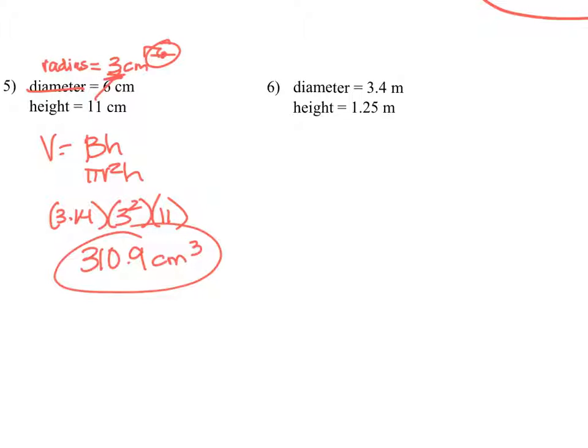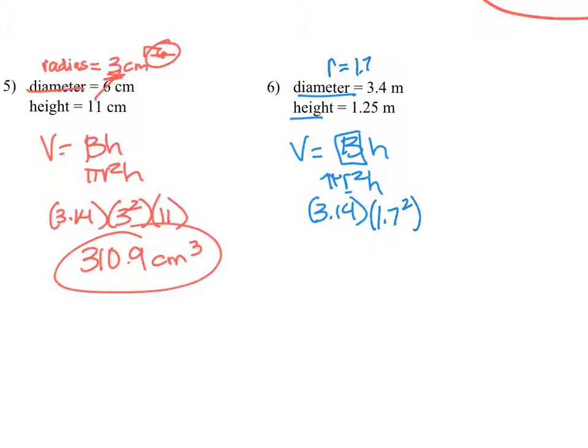And the last one, number 6, they give me the diameter and the height. So I need my formula. Area of the base times height. Remember, that's pi r squared times height. So when I go to plug this in, I need my radius. They gave me my diameter, but I need the radius, so I need half of that. So I divided that by 2, and it gave me 1.7.